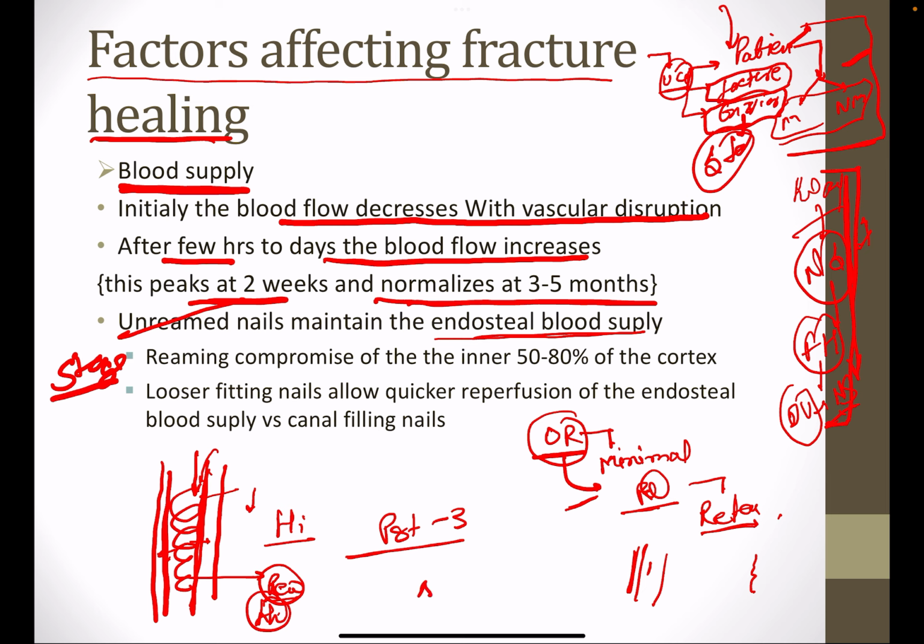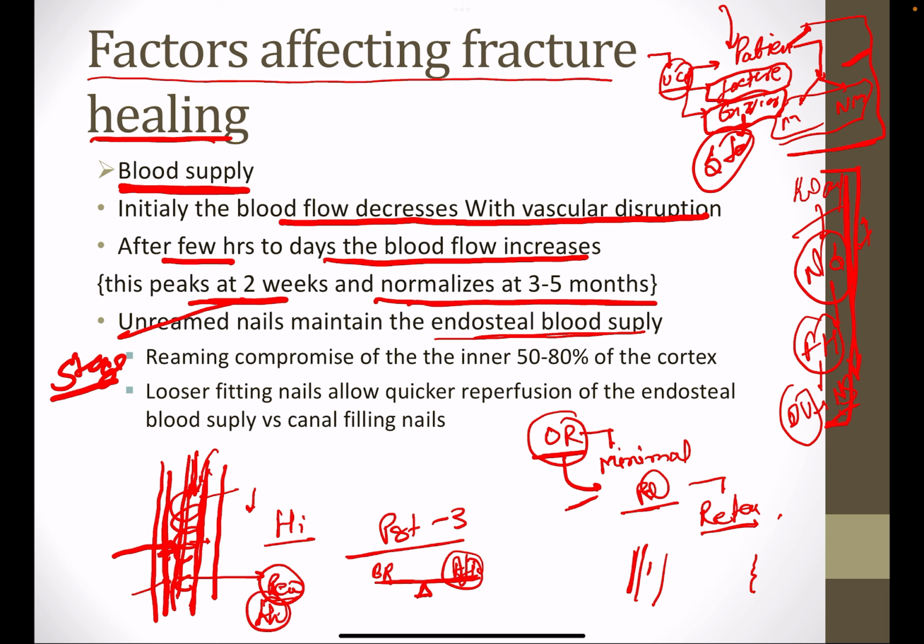There should be an adequate balance between blood supply retention and adequate fixation. Just to minimize the damage to the blood supply, if we don't ream and we put a very thin nail, the fixation might be inadequate.